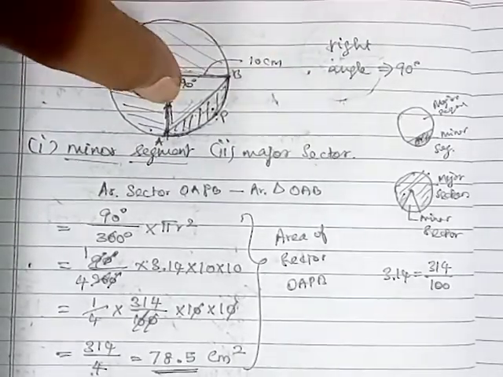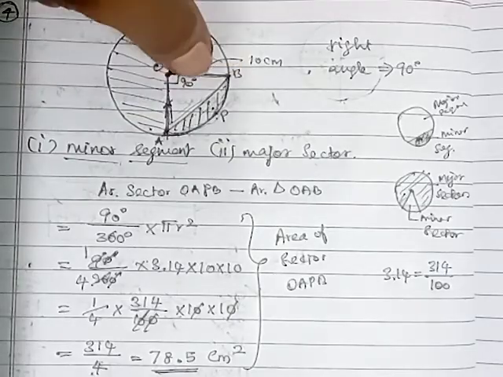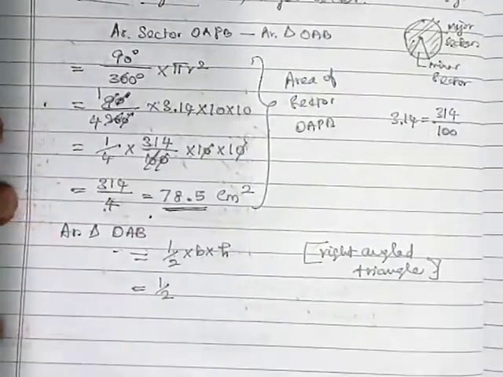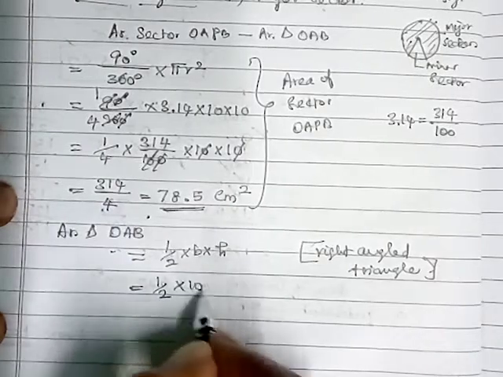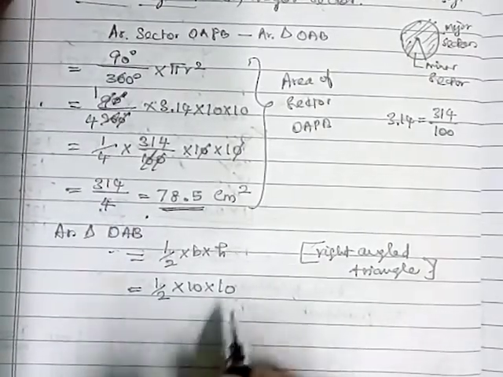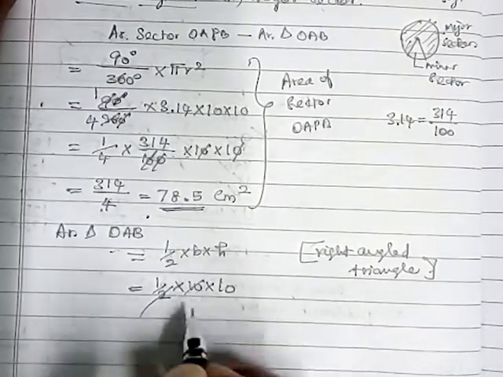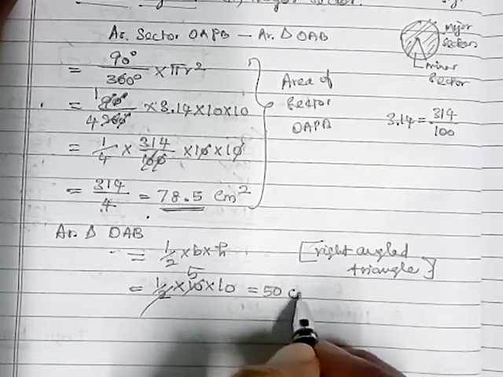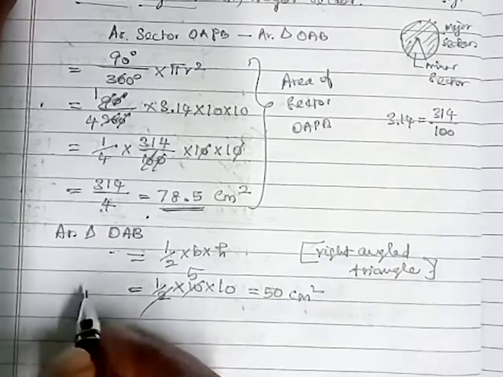This is also radius, both have same value. So what is base? That is 10. Height is also 10, right? So you can cut it down, have 5. So this is 50 centimeter squared, right?